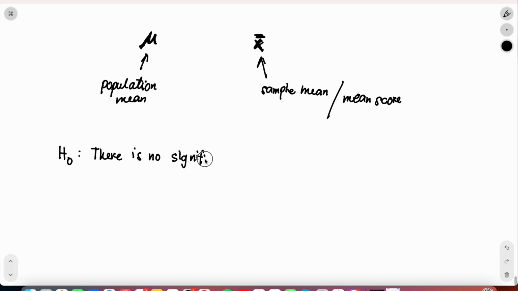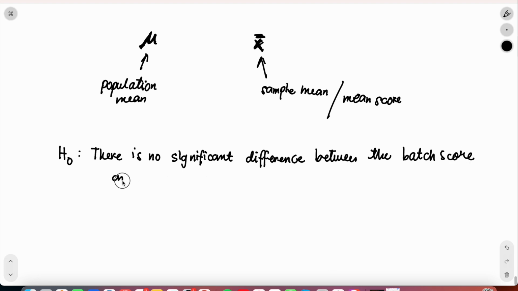So here we should write there is no significant difference between the batch score and the score in her class.